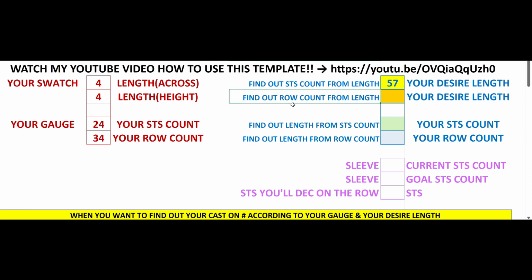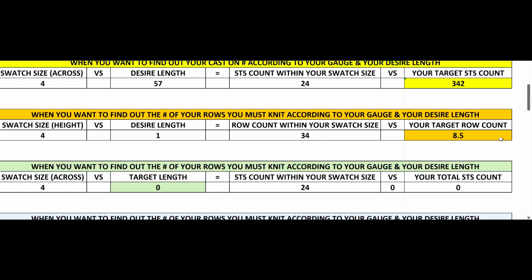And right here, find out the row count from the length. So 1 inch, it's orange. With my knitting tension, 1 inch is 8.5. So I would say 8 rows would be my 1 inch.